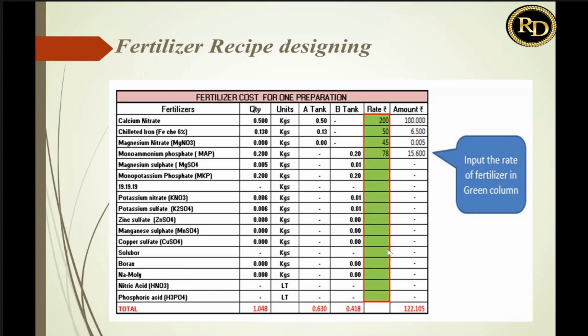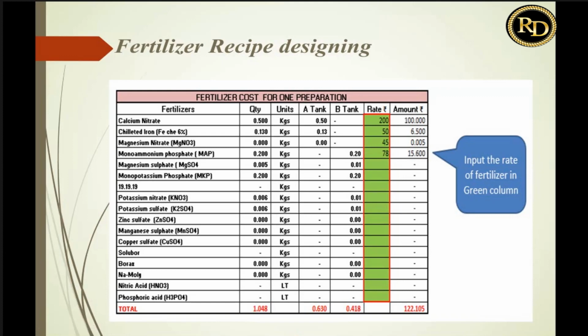Only the green cells you can add values to. If you just put the rate per kg here, you get the cost of one recipe. So while working, you can do a financial analysis in terms of crop nutrition.